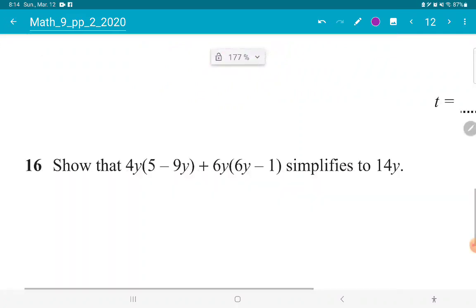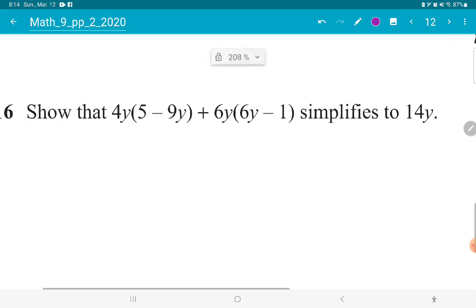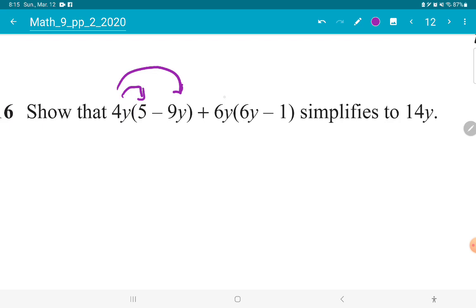That was number 15. Number 16. Show that all this simplifies to just 14y. Just expand. So we multiply this by this, and by the second, and this by that. And watch the signs also. So 4 times 5, that's 20y. 4 times, and then minus, 4 times 9, how much is that? 36.